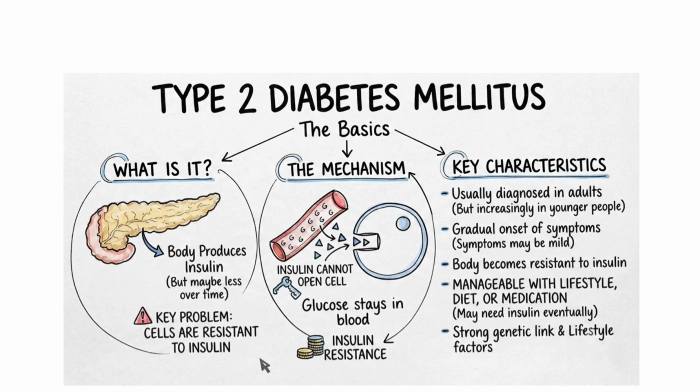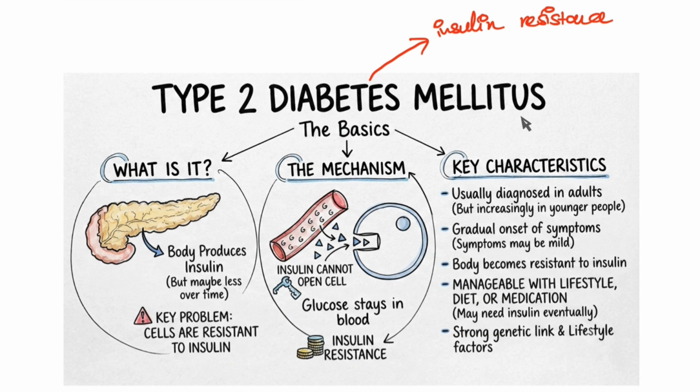So now let's go on and look at type 2 diabetes mellitus. Unlike type 1 diabetes, type 2 is not primarily caused by lack of insulin. Instead, the initial problem here is insulin resistance. Insulin resistance refers to a reduced biological response of target tissues to normal concentrations of insulin.